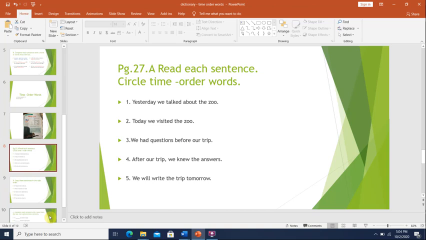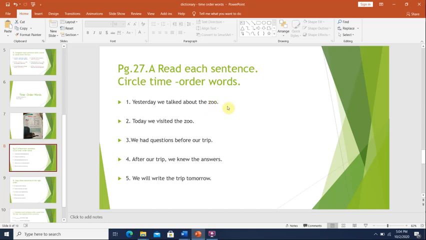Okay, so it says here on page 27, question A, read each sentence and circle the time order words. In question A, we will read each sentence and we will look for the word that tells us when the sentence happened, or when the event happened.